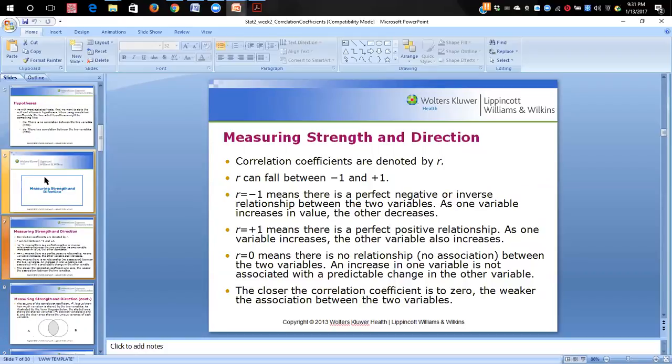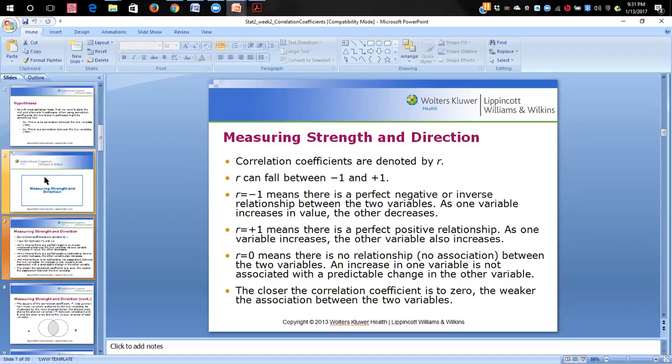So basically, a positive correlation represents that when one variable increases, the other variable also increases. Whereas a negative correlation is that when one variable increases, the other decreases. And when there's no relationship, the R is 0, which means that there's no association between your independent and your dependent variable.